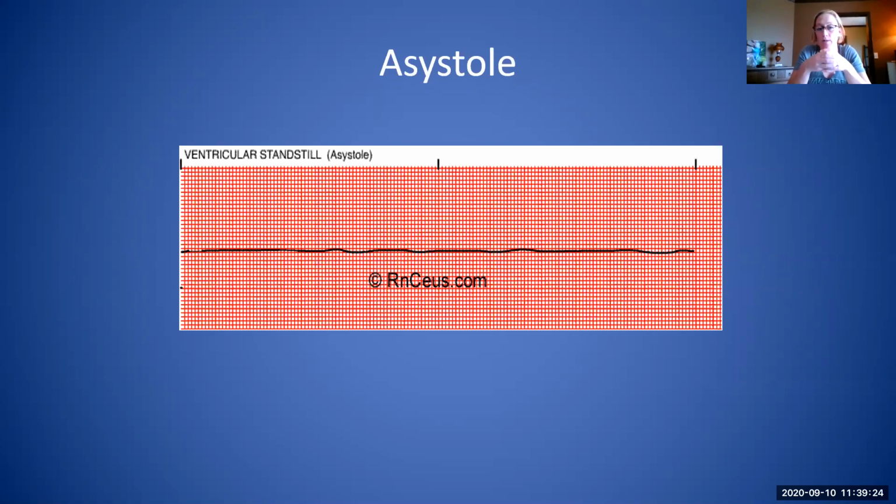There's no problem with the electrical conduction of the heart, but now the heart can't beat because it's being squeezed. So the electrical activity is still going through the heart, but it's not beating anymore. It's like a band is starting to go around the heart.